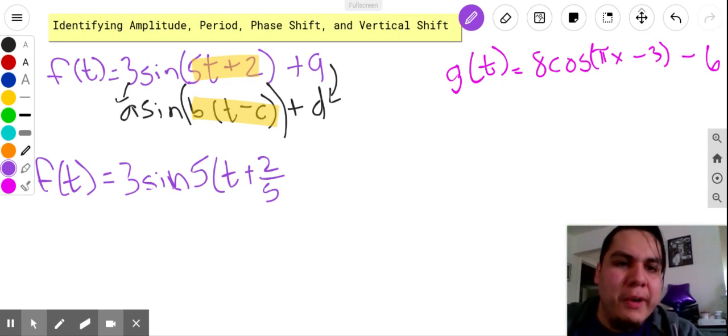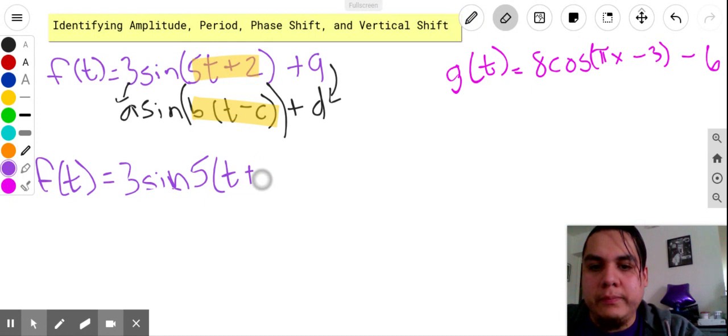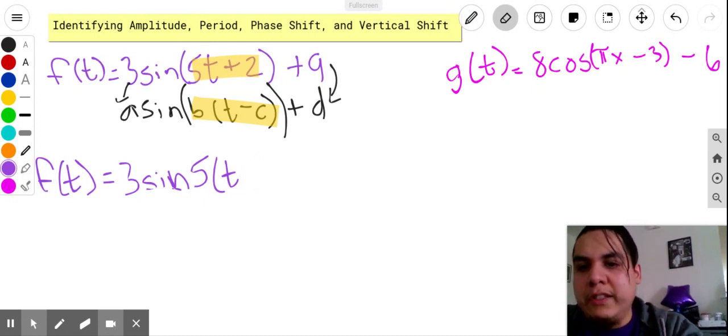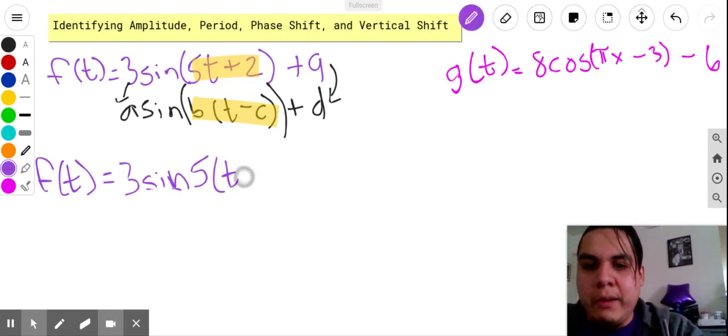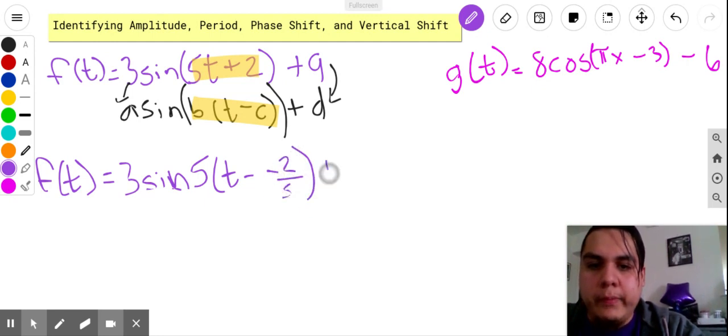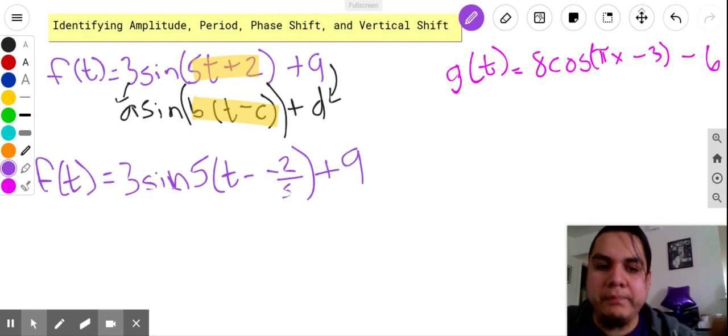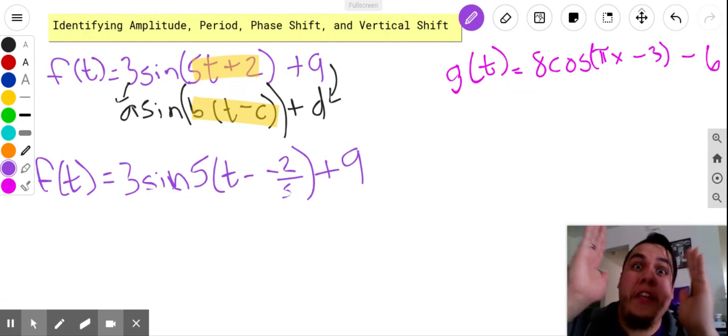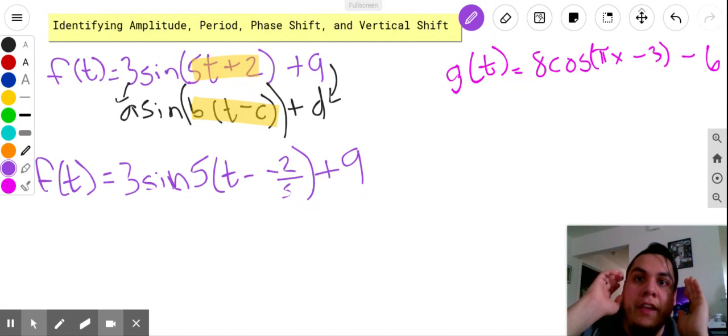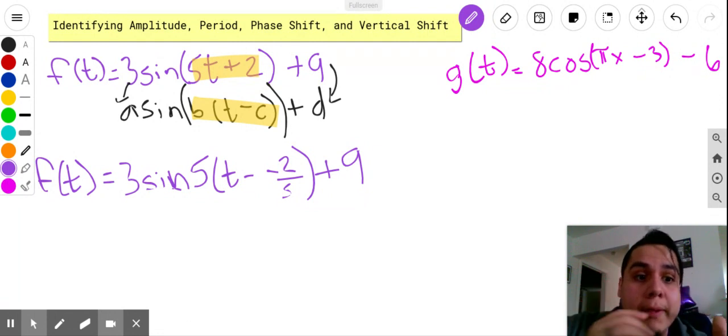Or if I want to, since it's a plus, I know that's just a double negative, so I'm subtracting a negative 2/5, plus 9. And I only did that just so I can very easily identify all the components properly.